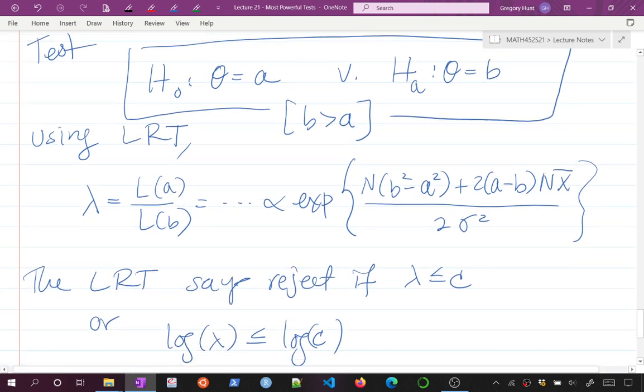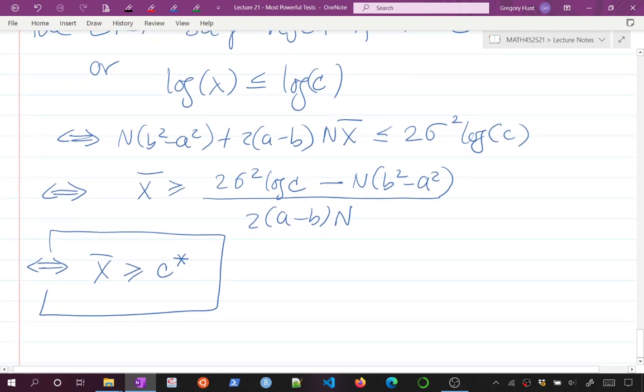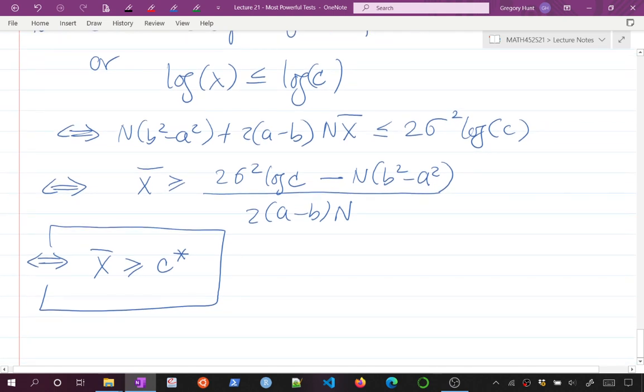So I'm trying to test, is my mean a or is it some larger value b? If I use my LRT, if you believe my algebra, and you do a little bit of rearranging, the LRT is equivalent to saying that I'm going to reject if x bar is bigger than some threshold. Let's just call it generically C star. It doesn't really matter exactly what it is, because C star is going to be determined by keeping my test size alpha.